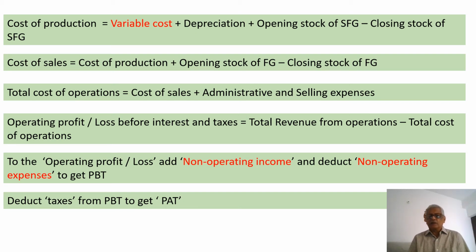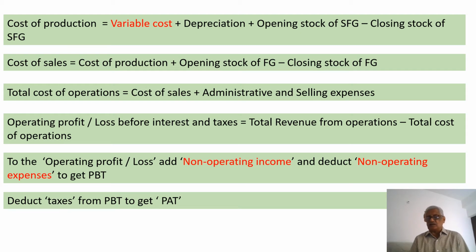Then to this, add the non-operating income and deduct the non-operating expenses to get the profit before taxes. And from the profit before taxes, you deduct the taxes to get the profit after taxes.